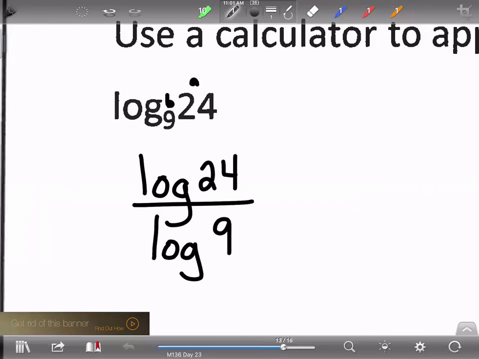So in your calculator, I want you to find that log button. So you're going to type log 24, close your parenthesis, and then divided by log 9, close your parenthesis.